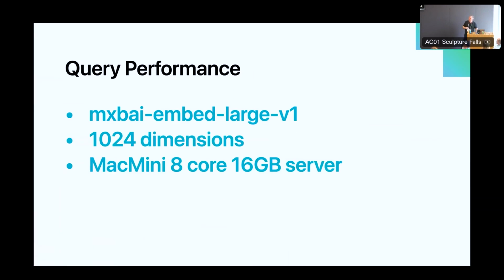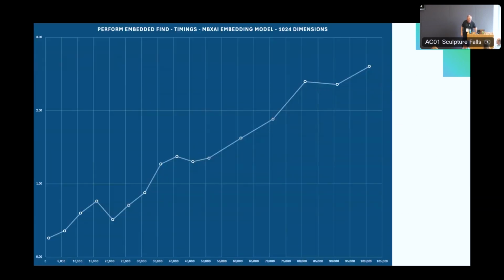In terms of query performance, this is running on my Mac Mini small server. This was on a 900,000 record database, and this is searching on the found set, so I was varying the size of the found set.